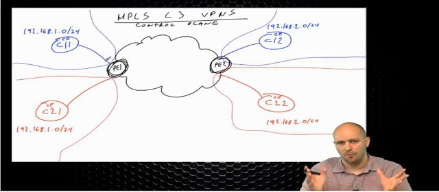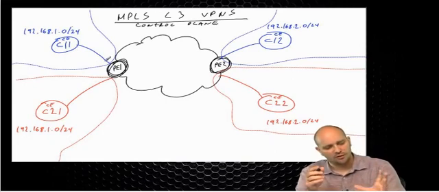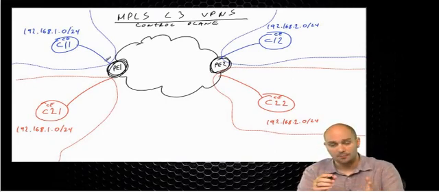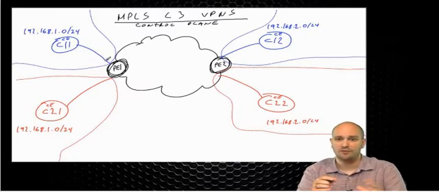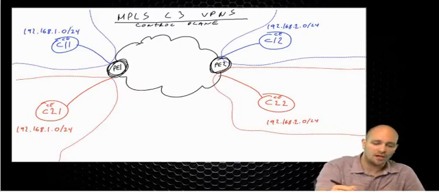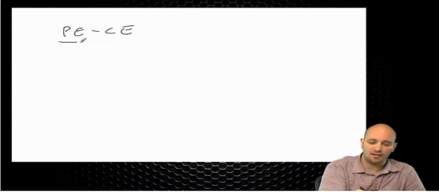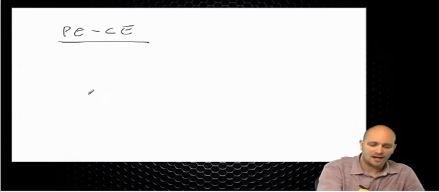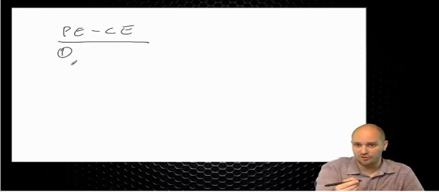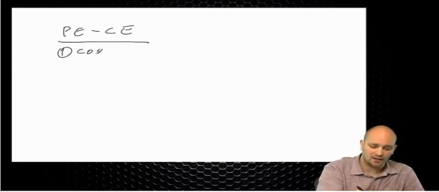So let's say that problem is sorted. This protocol that runs between the customer edge and the provider edge router is something that we call the PE-CE routing protocol. So between the PE and the CE, we are running the PE-CE routing protocol. Now, the supported protocols in the version of IOS that you will be running are the connected routes, obviously.